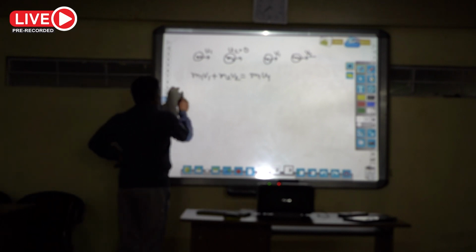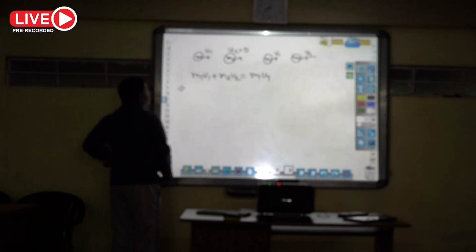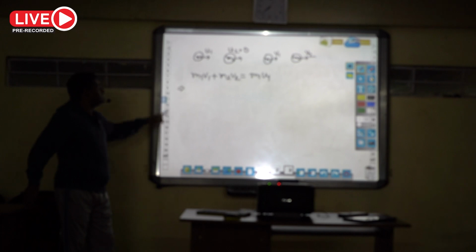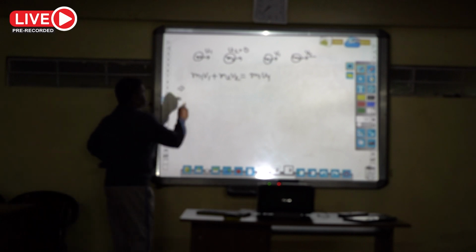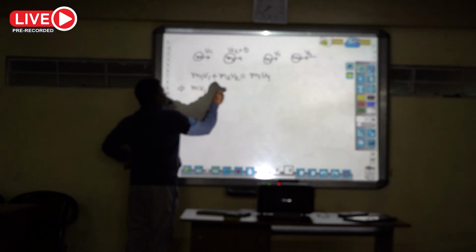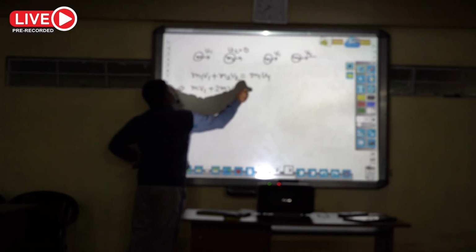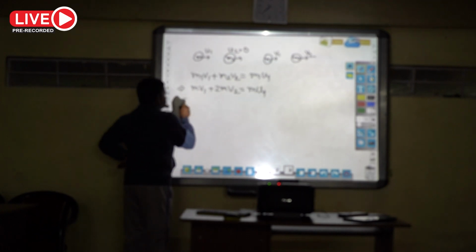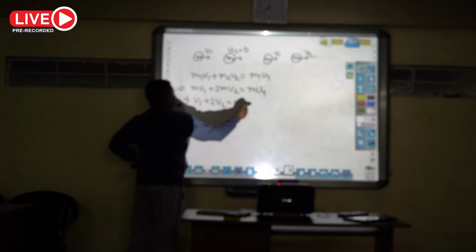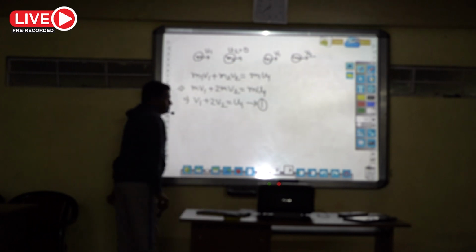Now, from this, I can write that m1 is m and m2 is 2m. So it is m v1 plus 2m v2 equal to m u1, means v1 plus 2 v2 equal to u1. This is my first equation.